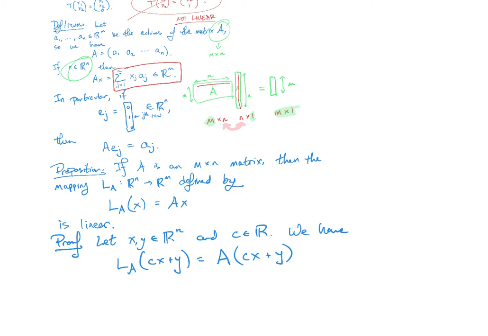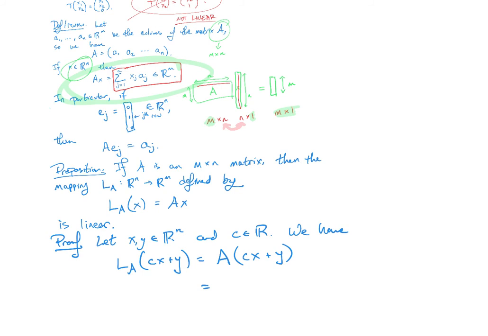Now, depending on the background knowledge we're assuming about matrix multiplication, we could just write CAx plus Ay. But let's go back to our definition up top, where we defined what this is, and let's see if we can do it that way.